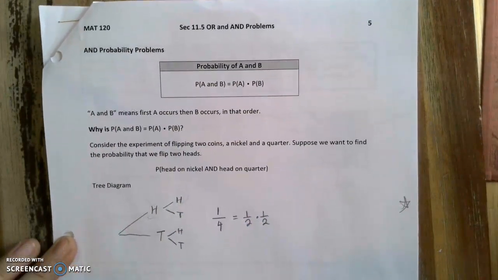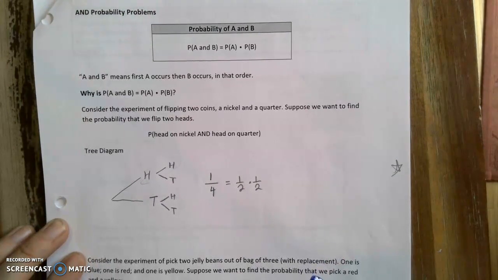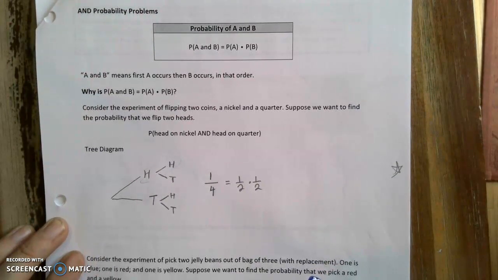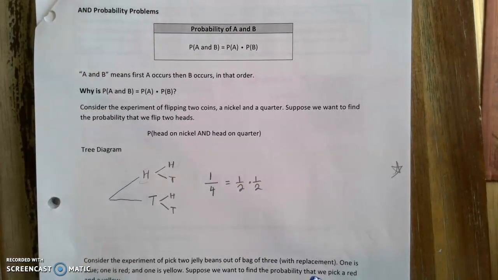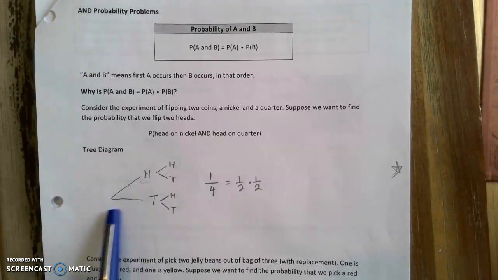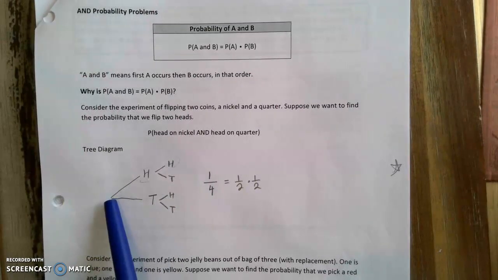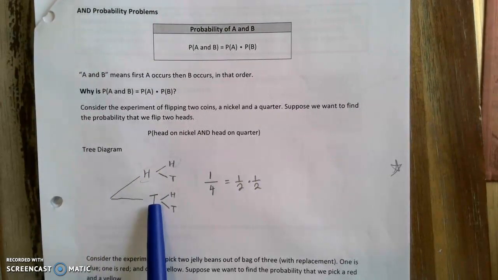So why do we multiply? Let's consider this experiment of flipping two coins, a nickel and a quarter. Suppose that we want to find the probability that we flip two heads. So probability of a head on a nickel, and a head on the quarter. We can do a tree diagram. So what could happen? We could get a head or a tail.